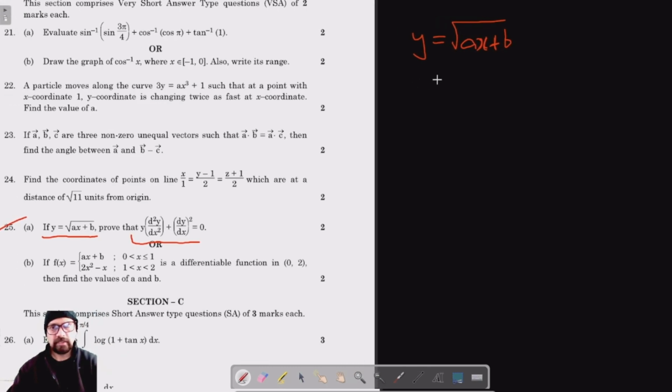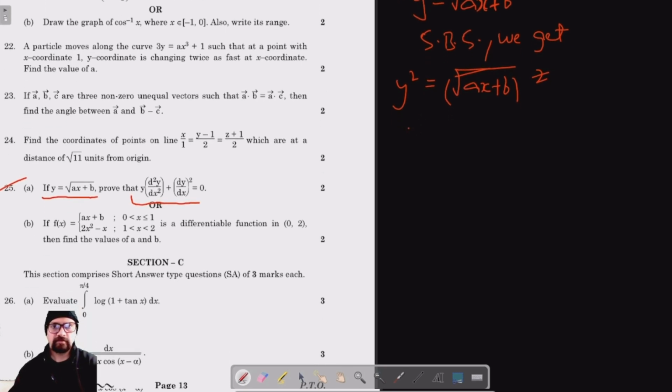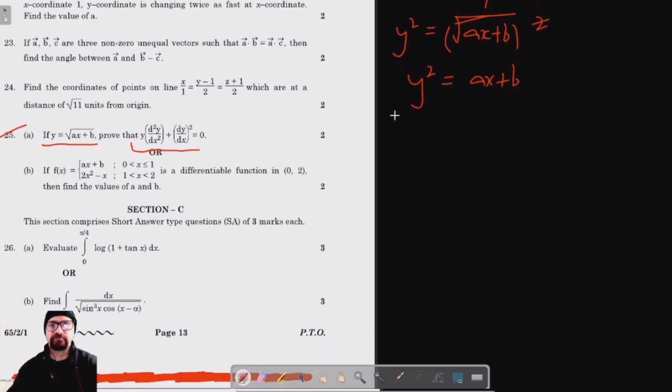This is our function, and to eliminate the root, we can square on both sides. So the square of y is y square, and this is equal to ax plus b.